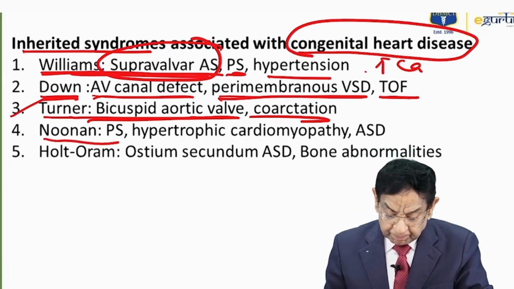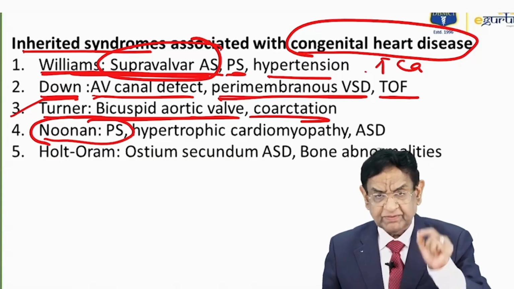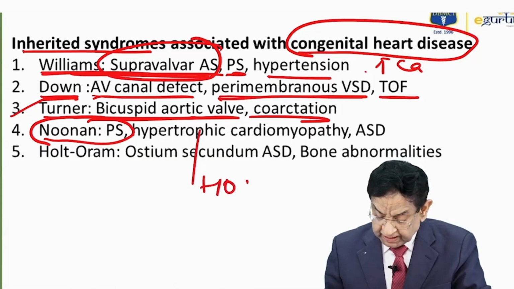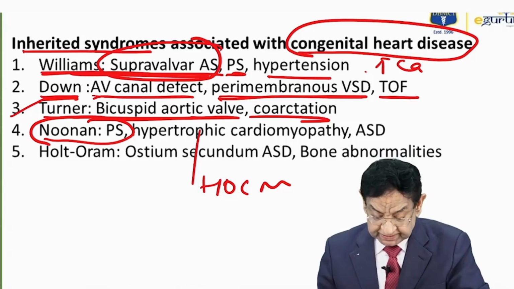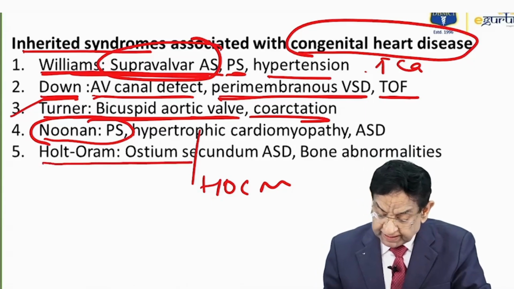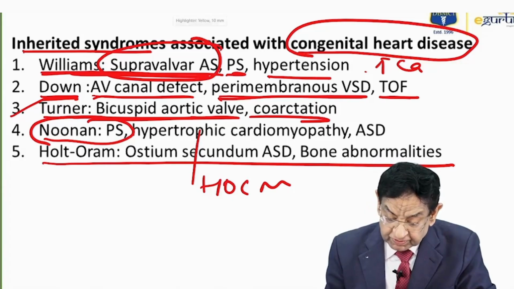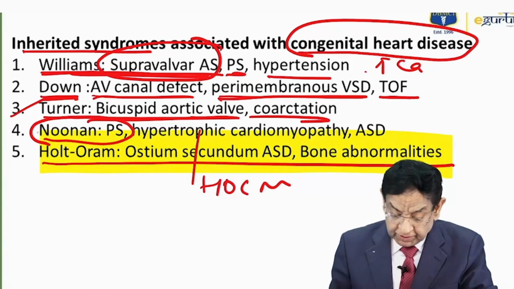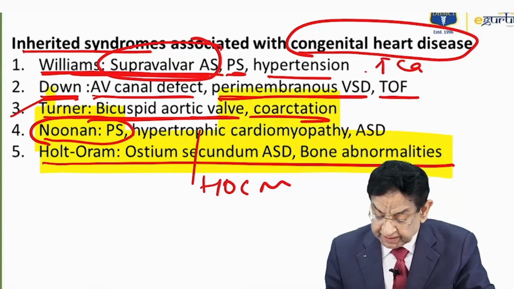Noonan syndrome: pulmonary stenosis, cannot afford to forget. This is the most commonly asked. Otherwise, HOCM, uncommon; ASD, uncommon. Holt-Oram syndrome: ASD with bone abnormality. Friends, don't forget Holt-Oram syndrome, Noonan and pulmonary stenosis, Turner bicuspid and coarctation.